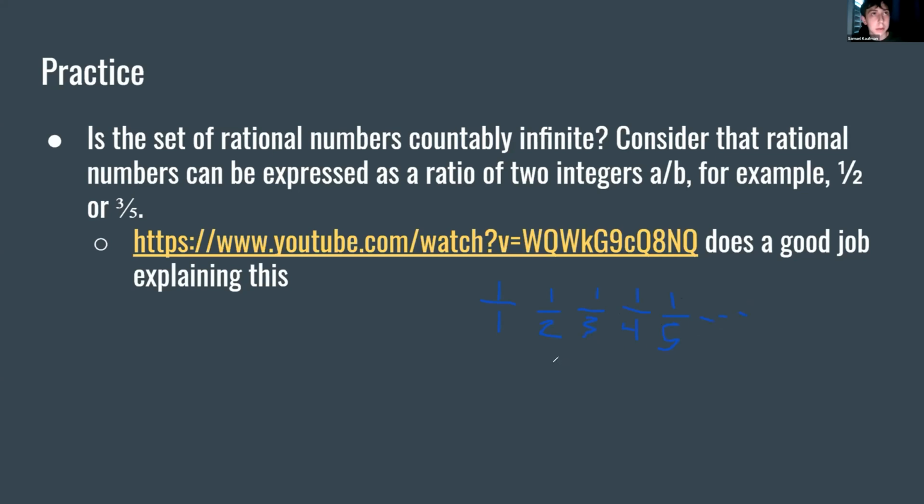And then our second row is going to be 2 over 1, 2 over 2, 2 over 3. You'll notice that 2 over 2 is actually the same as 1 over 1, but it looks prettier if you write it this way, so we're just going to ignore that.